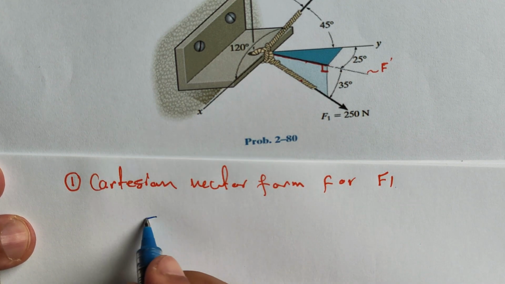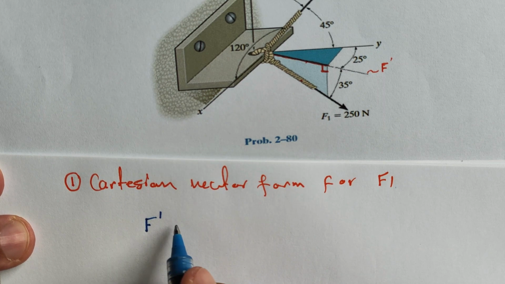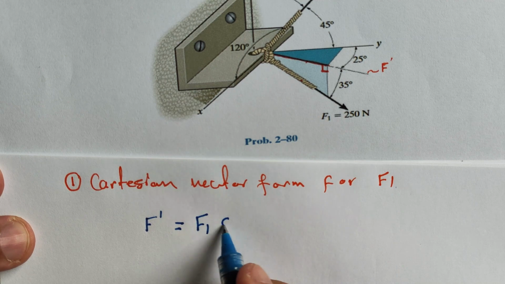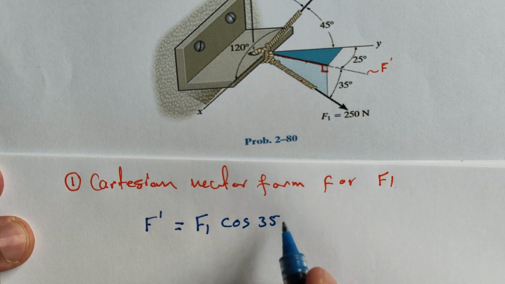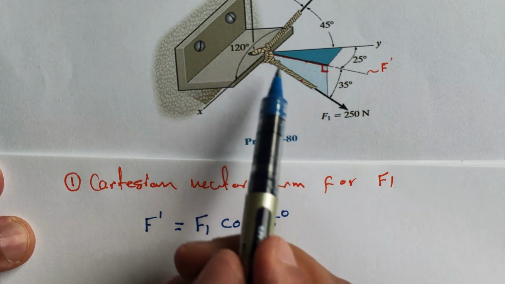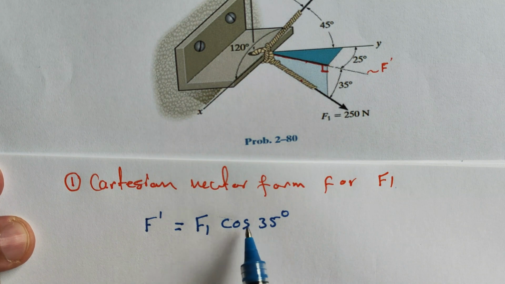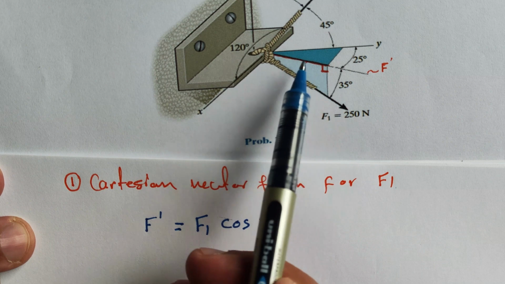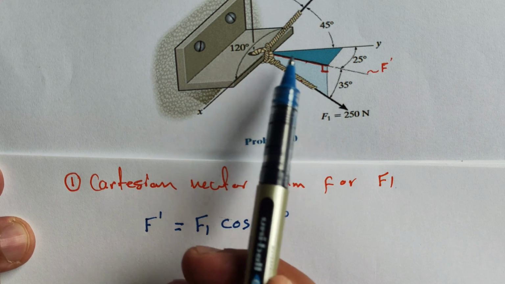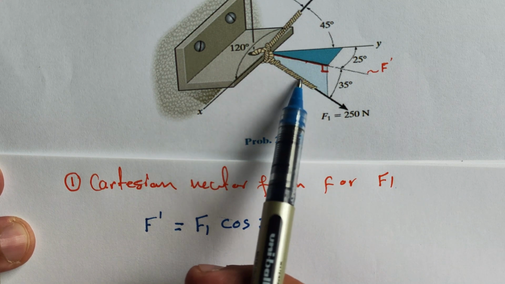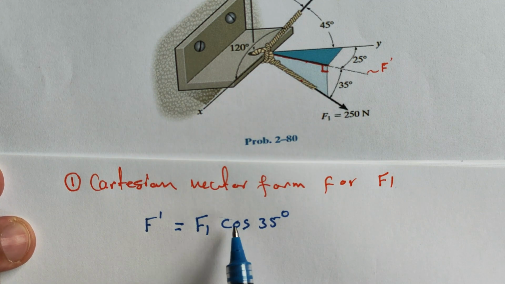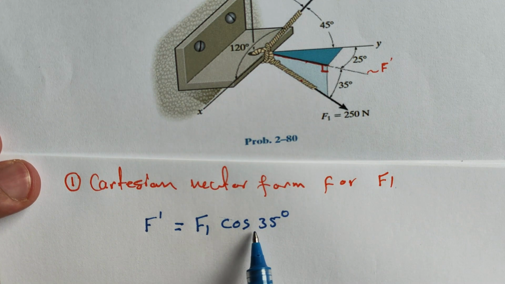F prime will equal F1 cos 35 degrees. Taking cos 35, adjacent over hypotenuse, is F prime divided by F1, and solving for F prime results in F1 cos 35.